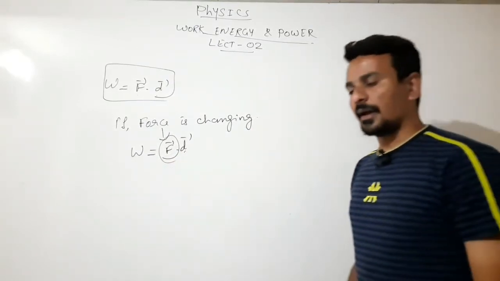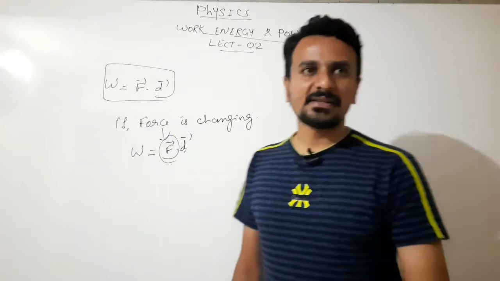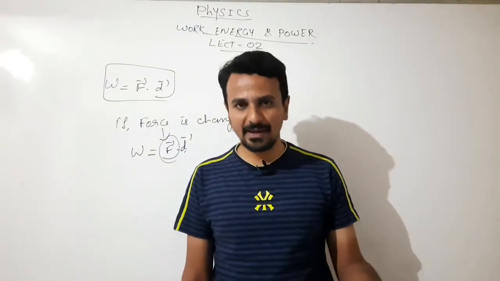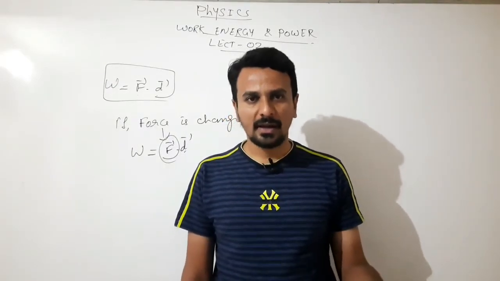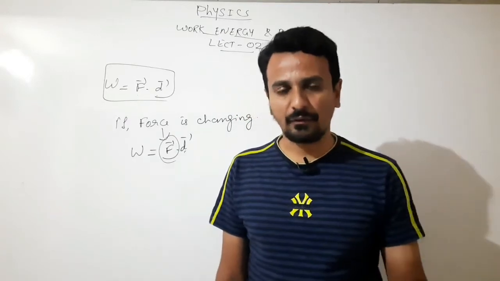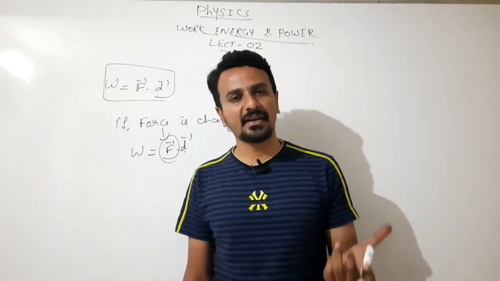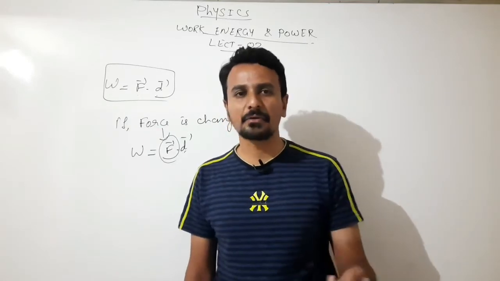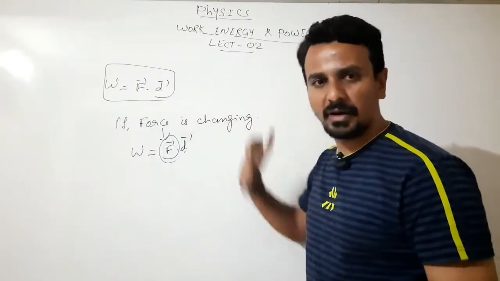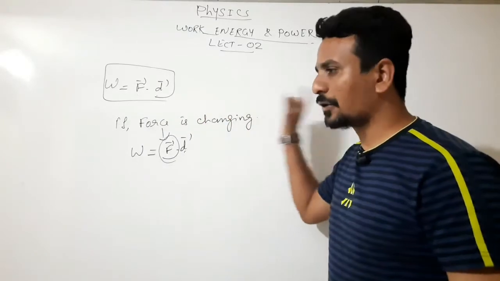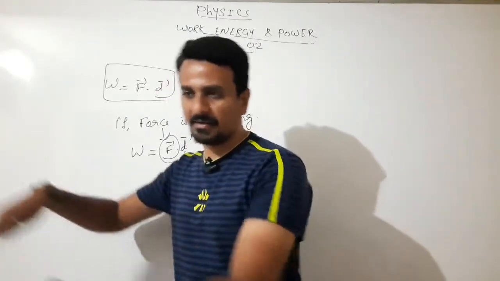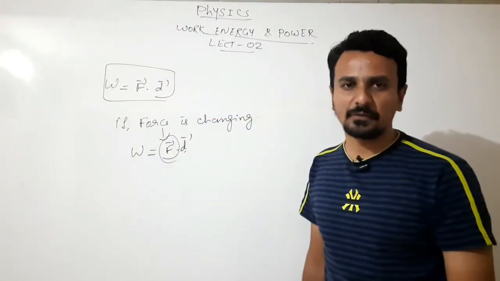If the question is like a force of 5 Newton acts on a body and it displaces by 2 meter, then F is constant, 5 Newton, and the displacement of the particle is 2 meter. So directly we can calculate work done as F dot D, that is F D cos theta, and let us say that the particle is also moving in the direction of the force.